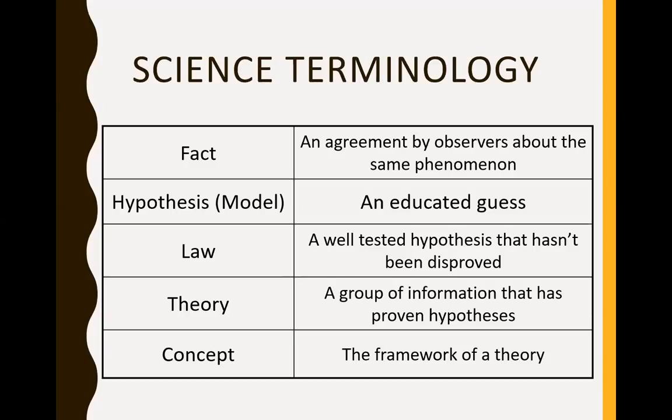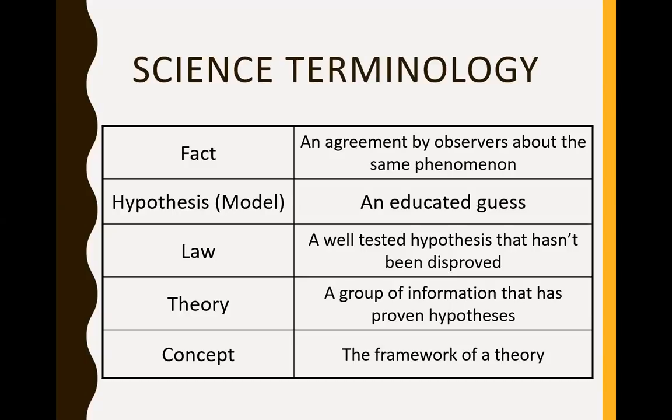In a similar sense, when talking about the theory of motion, we're going to introduce the concept of time. I know it's kind of weird to think about time as a concept, not a separate variable or a fact, but time was introduced to explain the theory of motion. There are other concepts out there as well, and we'll encounter them in future chapters. But a concept helps to understand and explain a theory.